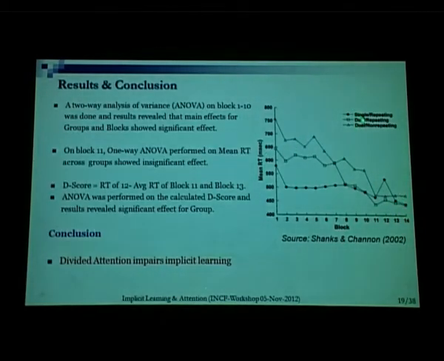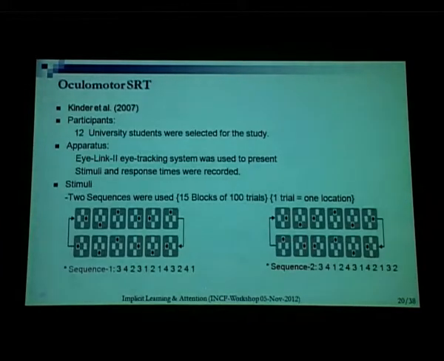In the dual or single repeating sequence paradigm, you get the classic SRT effect. But when you load up the system with a dual task, whether the sequence repeats or follows some sort of probabilistic structure, not a fixed sequence but following the same probabilities as the original, in both conditions, if you introduce a new sequence, subjects do not show this kind of rebound increase in the RT, right?